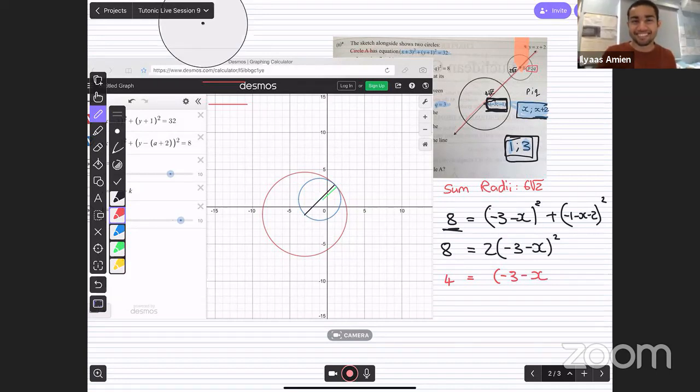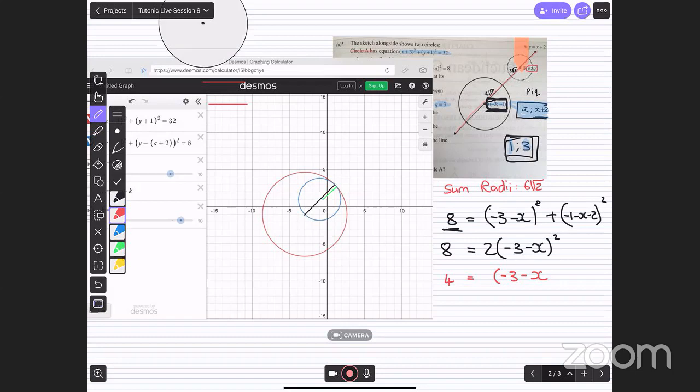Okay, you guys can do that. So then you'll have 9 plus 6x plus x squared, and the next step you'll have 0. Then we rearrange it, and you take the 4 over, so you'll have 0 is equal to x squared plus 6x plus 9 minus 4, which is equal to positive 5.